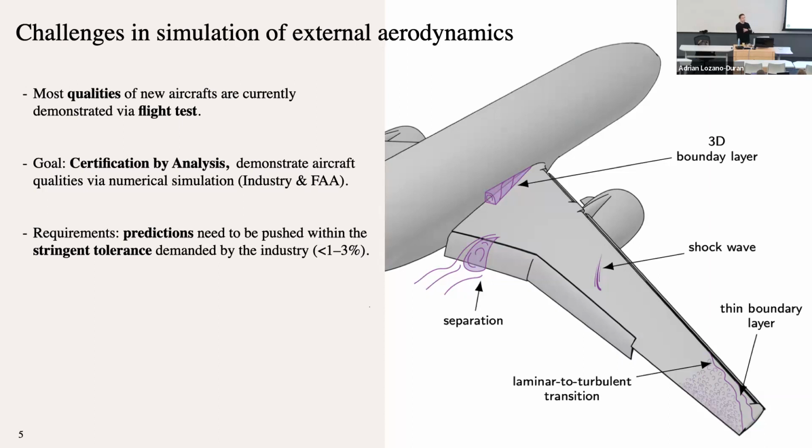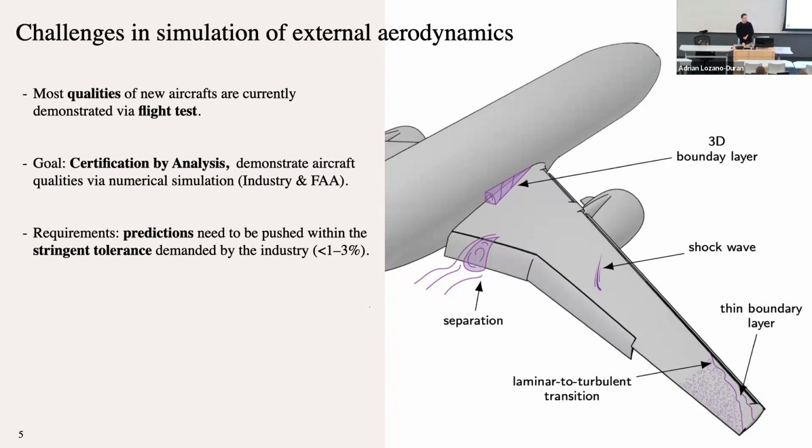But because there are so many physics, and they are also coupled, if you really want to assess the qualities of an aircraft, such as the lift and the drag, the way to go right now is a flight test or a wind tunnel experiment. There are many wind tunnel experiments, then there's a flight test, and that's really the truth.